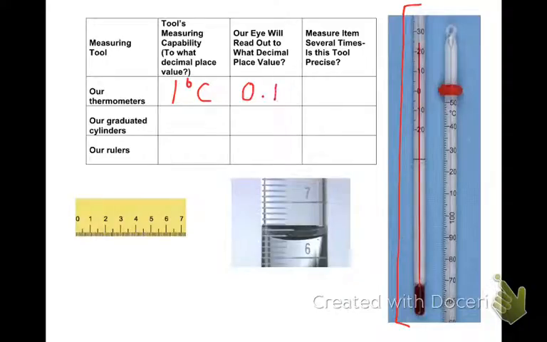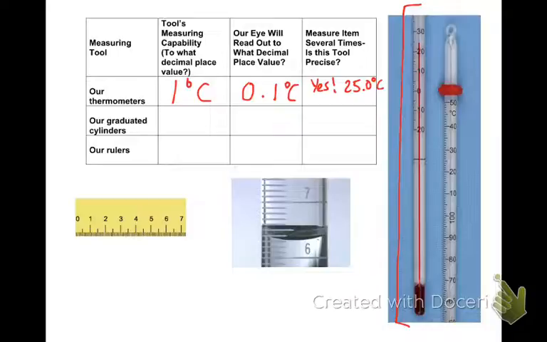So 0.1 degrees Celsius. So we're going to measure this several times and we're going to say, yeah, it's definitely precise because, well, it comes out to around 25 every time. 0.0 degrees Celsius.